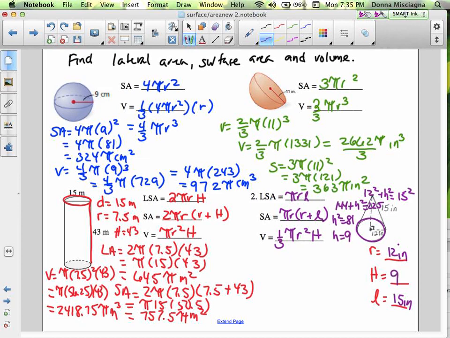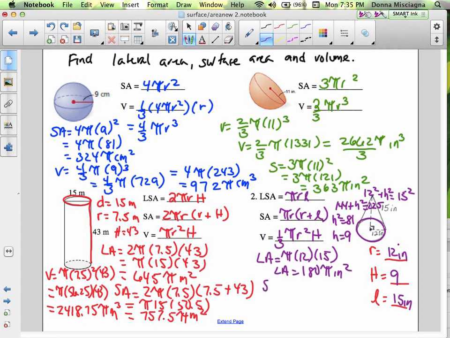So all of these were nice, pretty Pythagorean triples. Let's real quickly find all three things here. Our lateral area is pi times 12 times 15. So that's 120 plus 60, 180 pi inches squared.